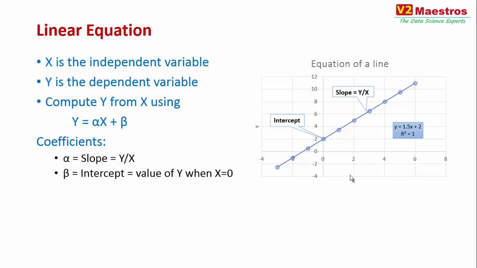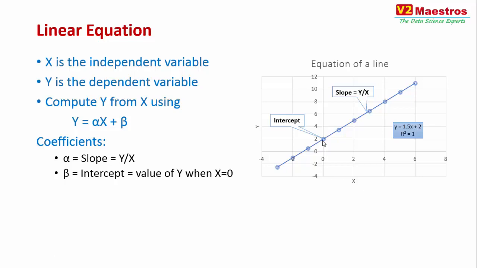Alpha is called the slope. The alpha is called the slope because alpha is equal to delta y by delta x is the formula that they typically use. It is a number, and if you look at the plot on the right side, you see that this is a line. The slope of the line is considered delta y by delta x, and the intercept of the line is beta.